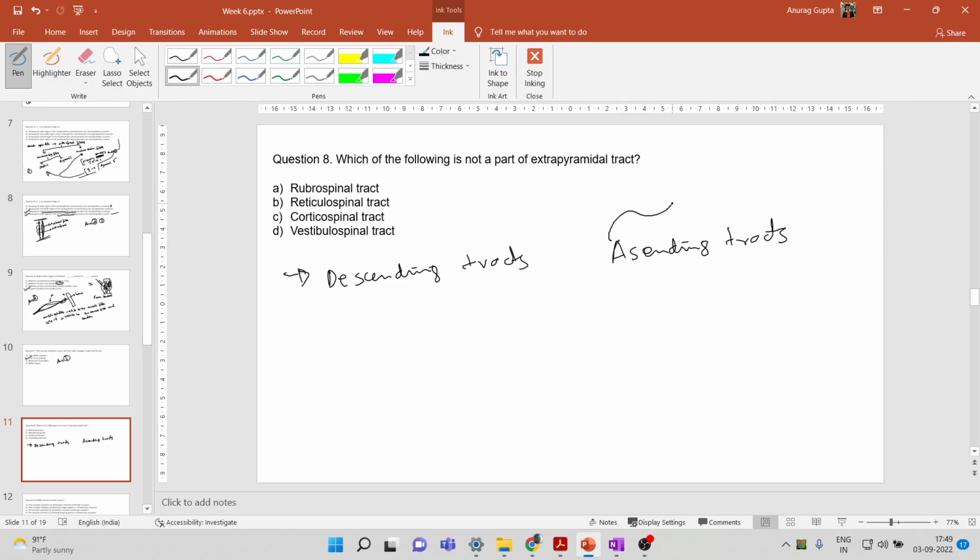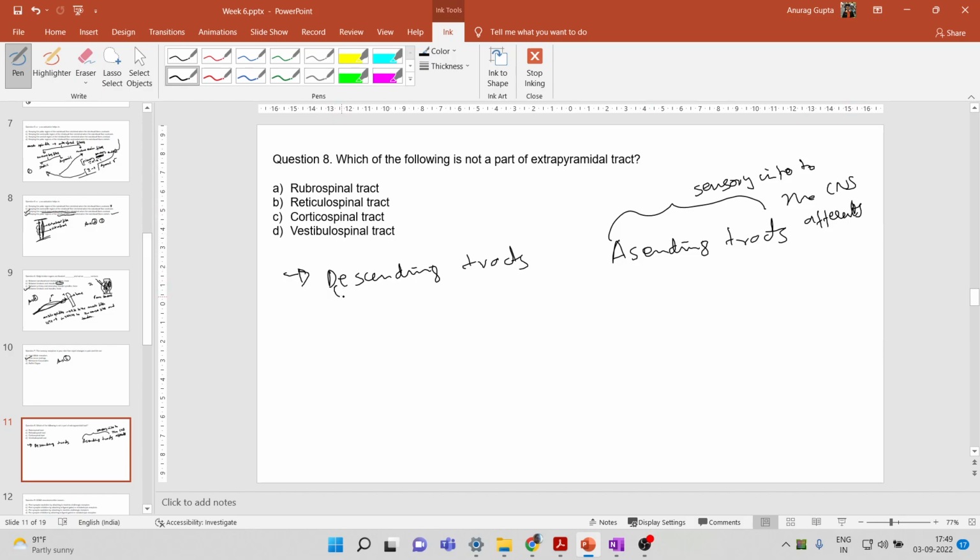The ascending tracts get sensory information from various parts of the body to the central nervous system. These are basically afferents.